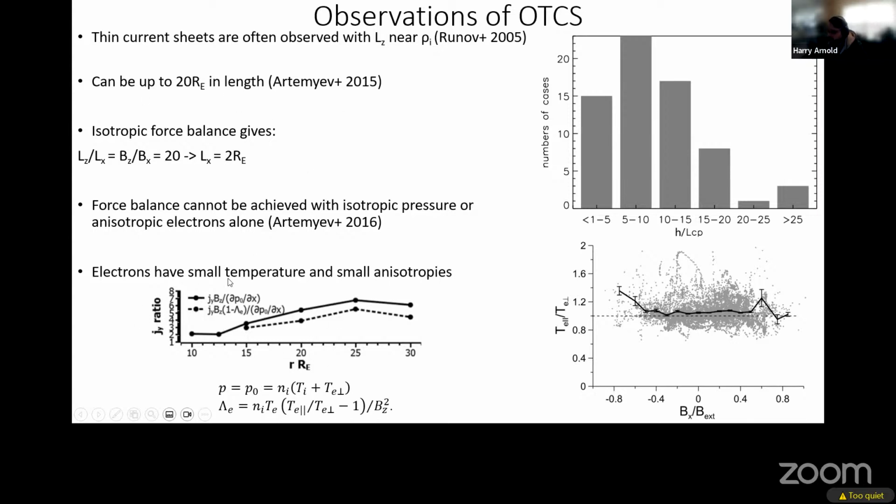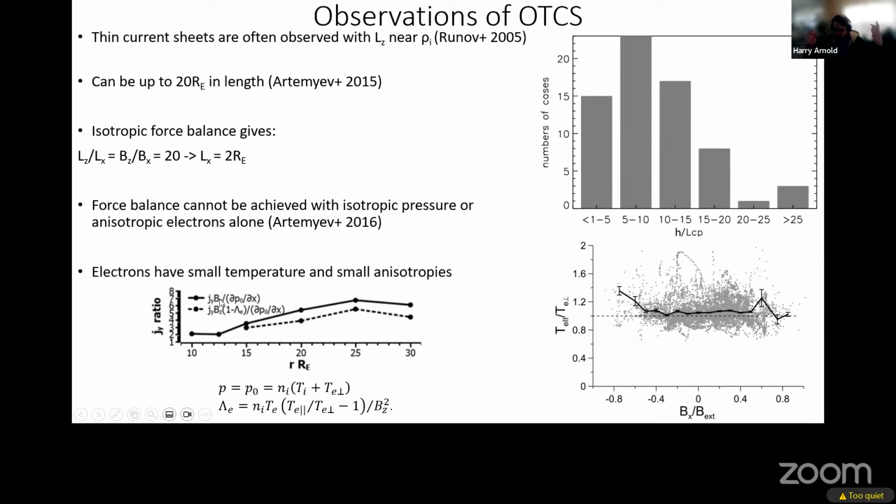And so another way of illustrating this is this other plot here. Here we have this ratio basically between the J cross B force and the grad P force, the pressure gradient force. That's this solid line. And then if you were to add the electron anisotropy to the pressure force, you get this dashed line. And you can see it brings it down.